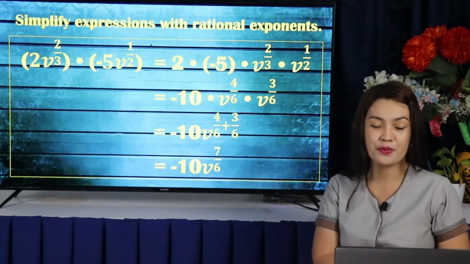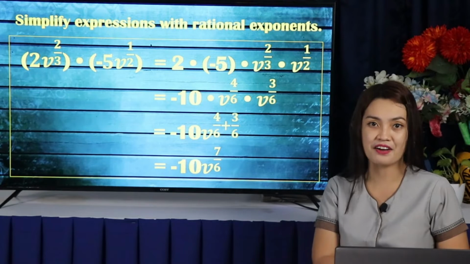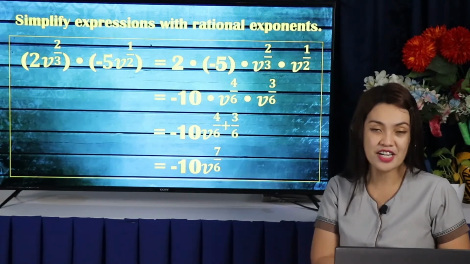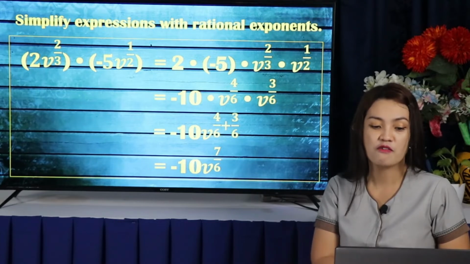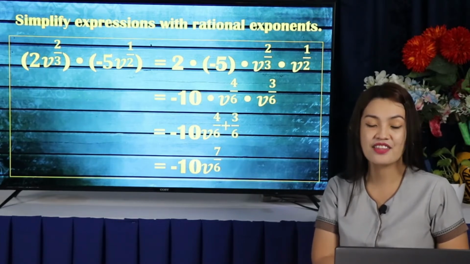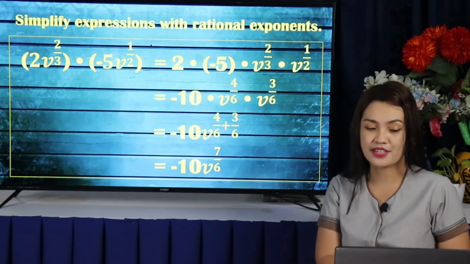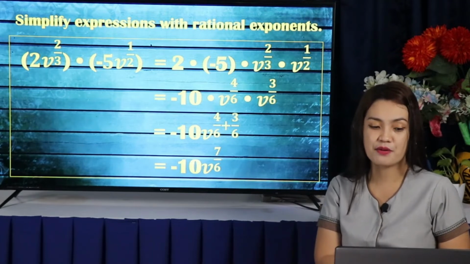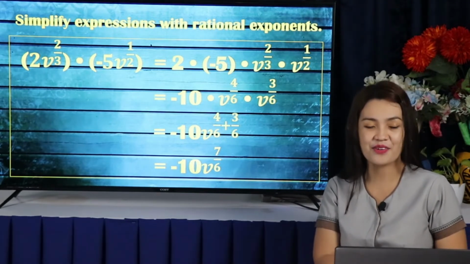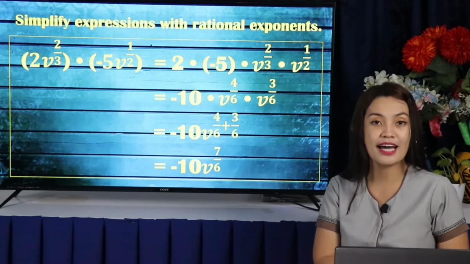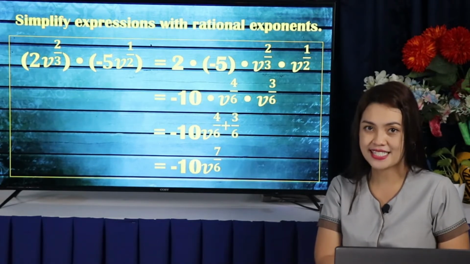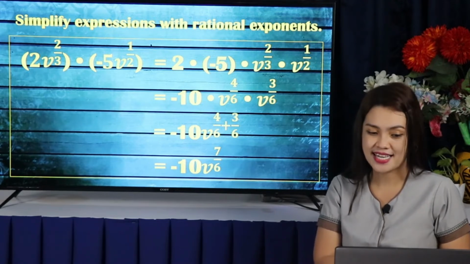The rational exponents are 2/3 and 1/2. Find the least common denominators. The rational exponents are now 4/6 and 3/6. So, 2v raised to the power of 2/3 multiplied to -5v raised to the power of 1/2 is now -10 multiplied to v raised to the power of 4/6 multiplied to v raised to the power of 3/6.